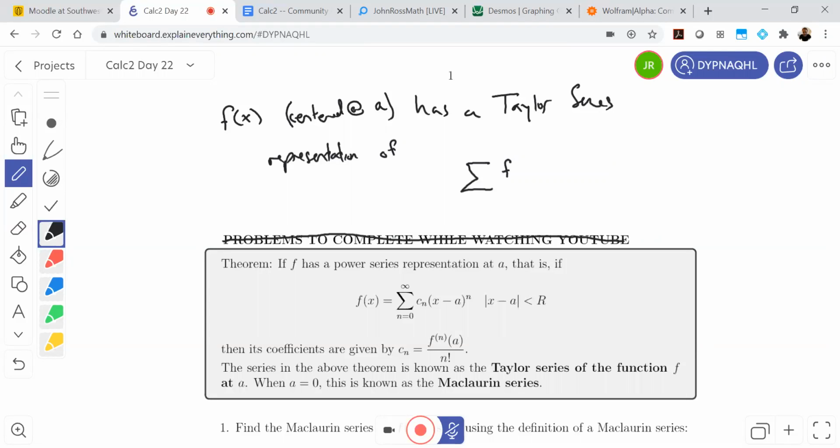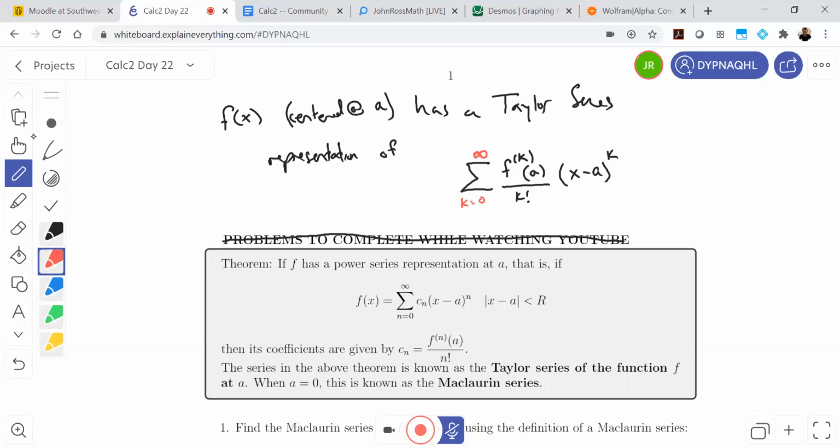It will be the kth derivative evaluated at our center point a, divided by k factorial, times x minus a to the k. In a Taylor polynomial, we did this as a sum as k goes from 0 to n. Now for a Taylor series, we're going to do this as a sum as k goes from 0 to infinity. So it's the nonstop Taylor series party here.